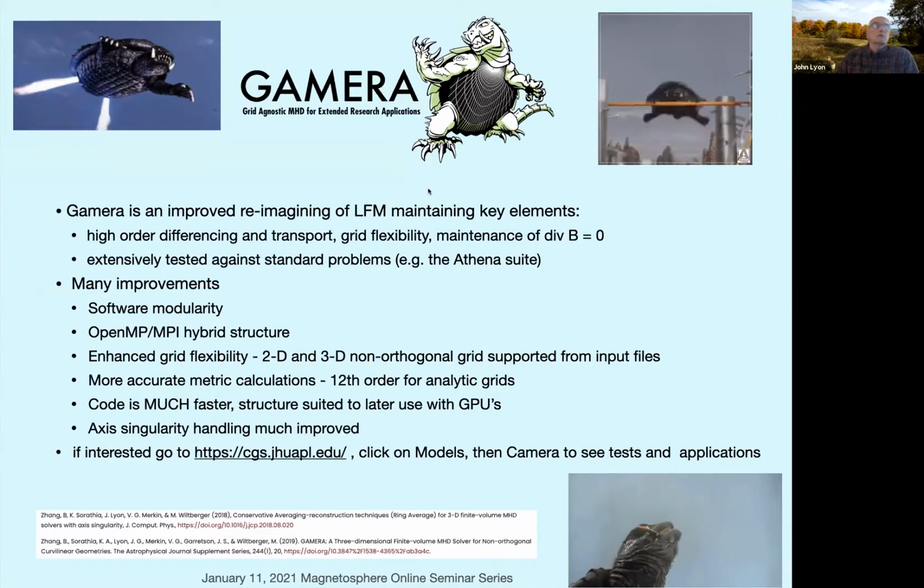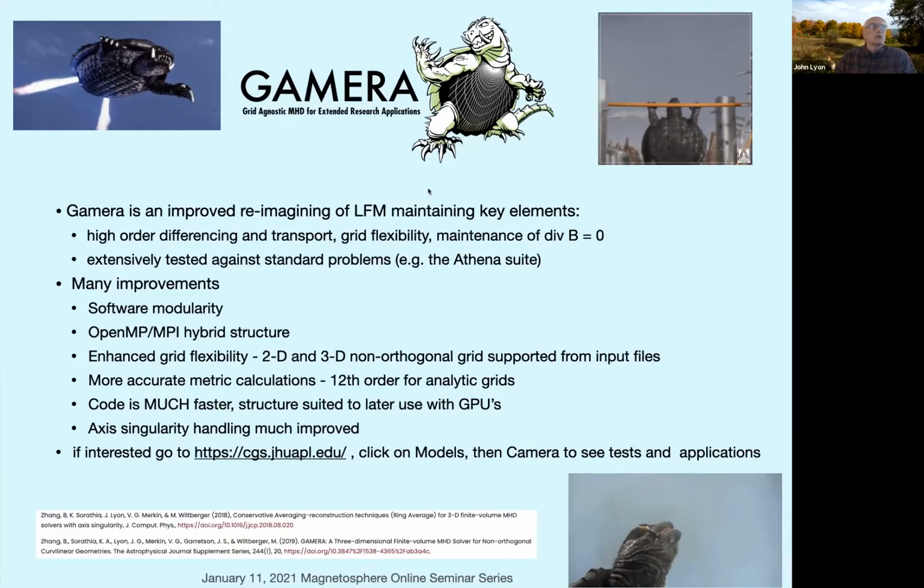There are many improvements relative to LFM. One is software modularity. It's now relatively easy to plug in various things, either a new grid or a new way of solving the transport. It also has an open MPI structure, a hybrid structure, which means that you can either use threading on a given processor, or you can use MPI, or both.